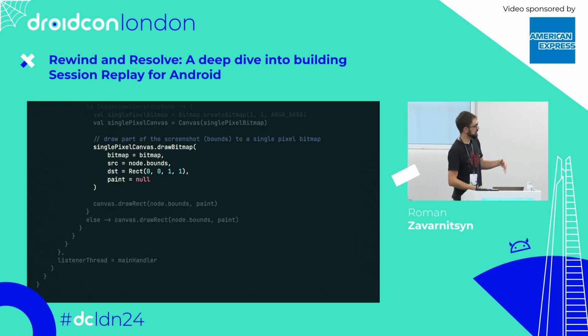So we can use it like this: we give it our screenshot, we give it our image view bounds where it's located, and then we draw it onto a single one-pixel rectangle.